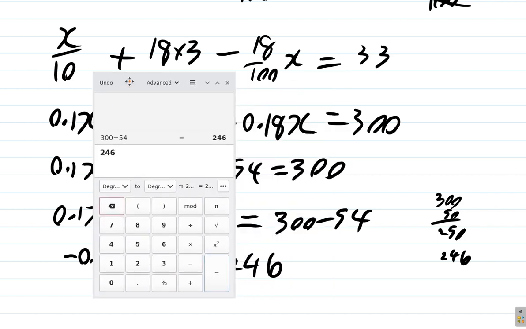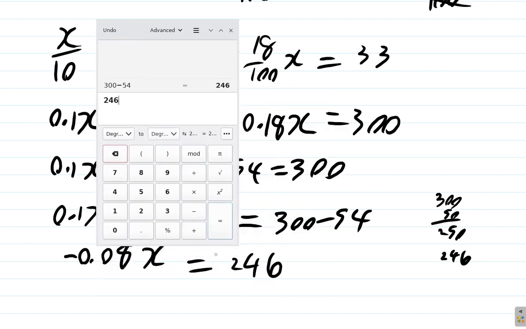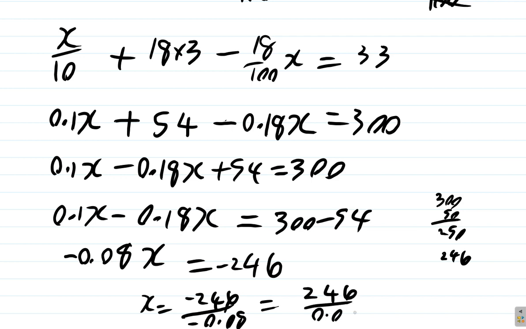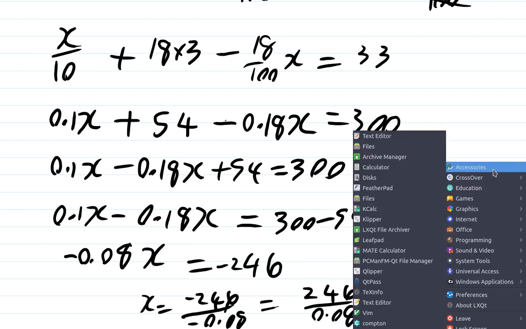We get 246. It will be a negative 246. Let me write it. Negative 246. And if you divide by negative 0.08, x would be negative 246 over negative 0.08, the same thing as positive 246 over positive 0.08, right? Let's do that.